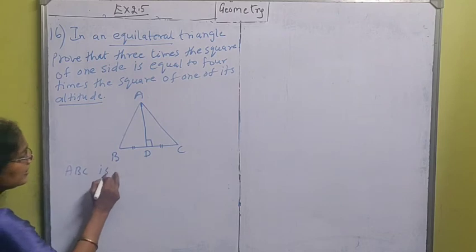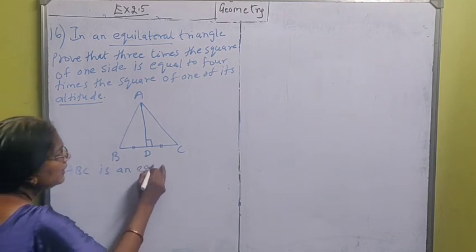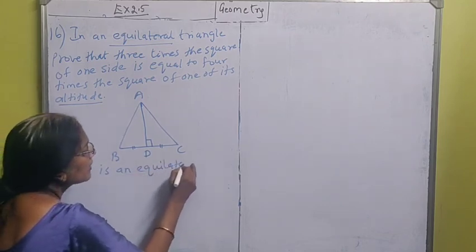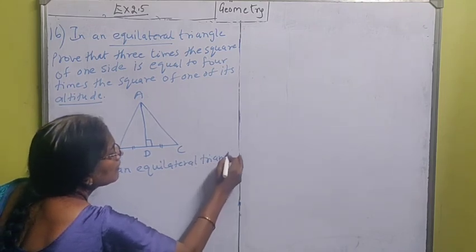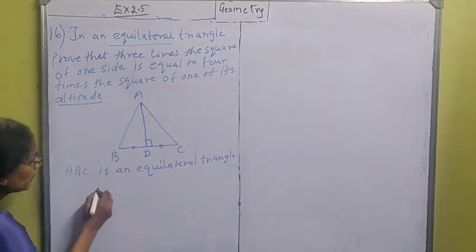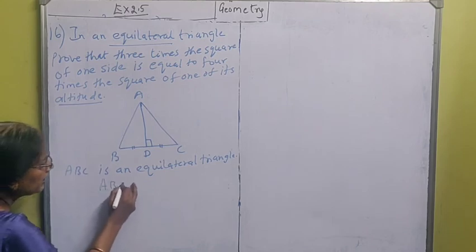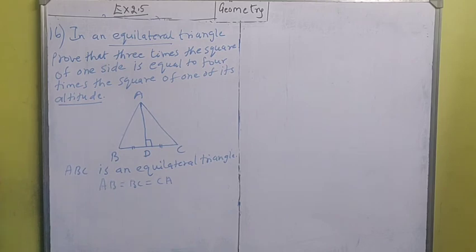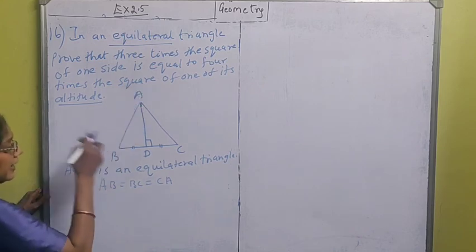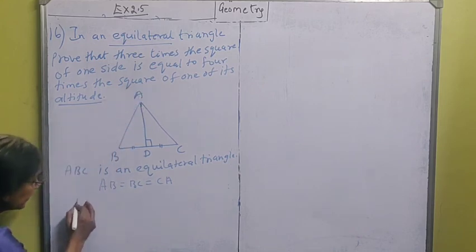ABC is an equilateral triangle. Okay. What is their property? AB is equal to BC is equal to CA. All the 3 sides are equal. Okay. Which side am I going to consider? I am going to consider AB. And here what is it?